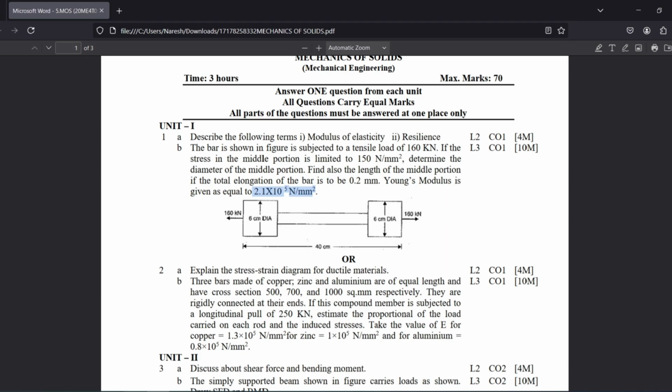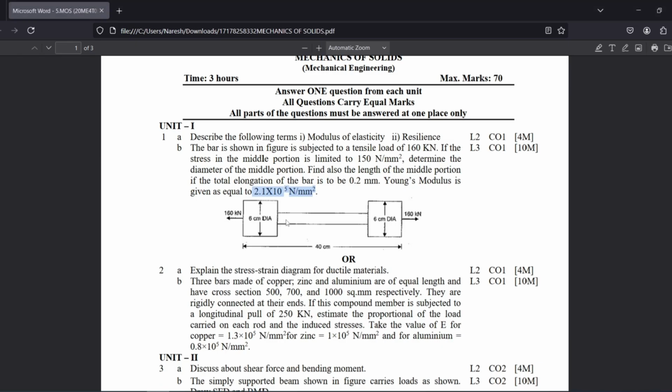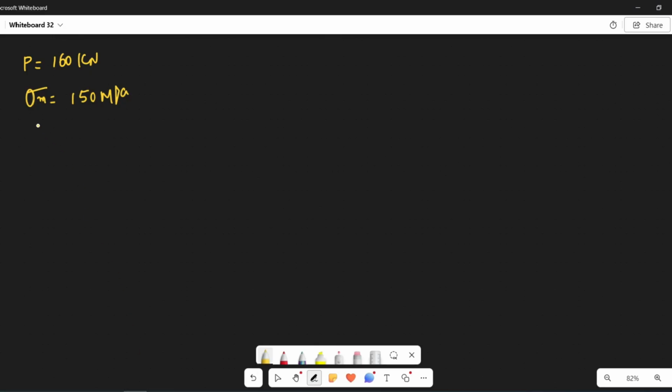Now the stress in the middle portion is 150. We have to identify the diameter of the middle portion, let us call it d_m.